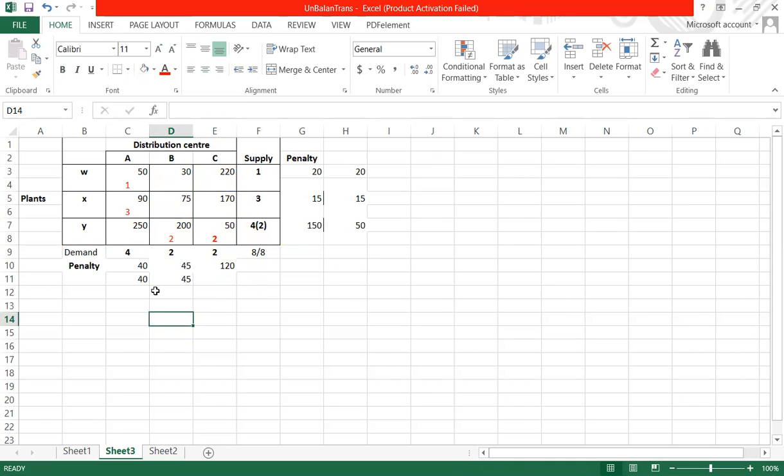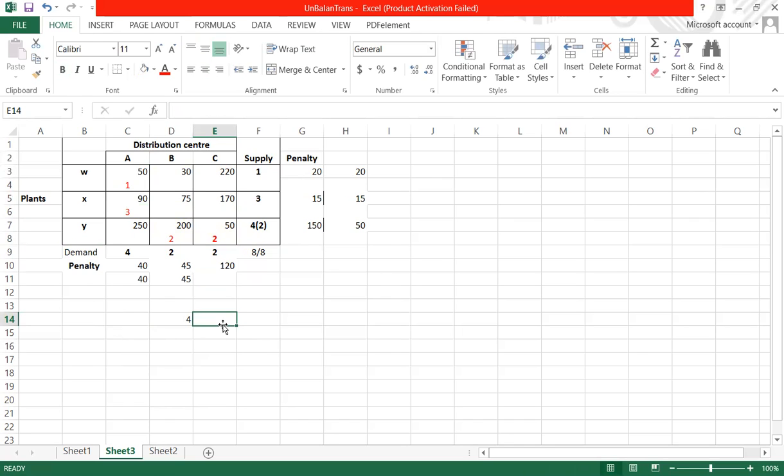After the allocation is complete, we see number of allocations is equal to 4 here. The cells in which allocation is there: 1, 2, 3, and 4.